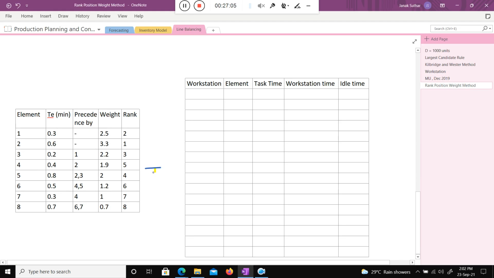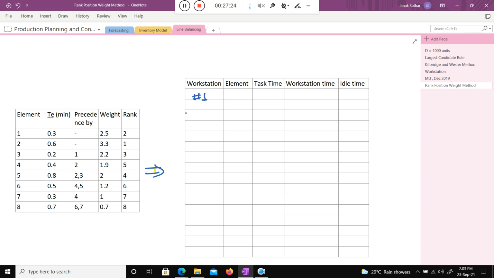So now I have the rank. First I will make workstation 1, and please take care, when I allocate the work elements in my workstation, I will consider the ranking.